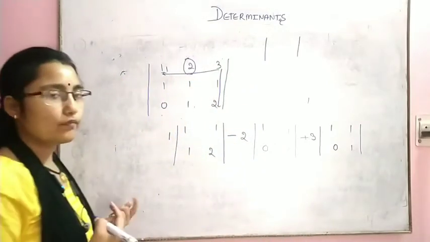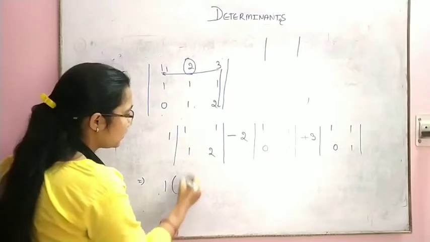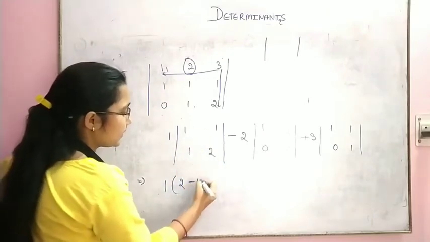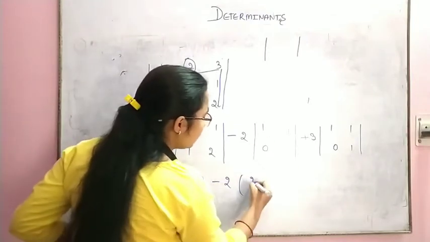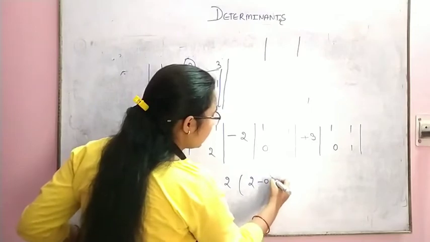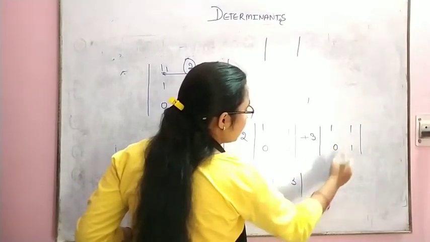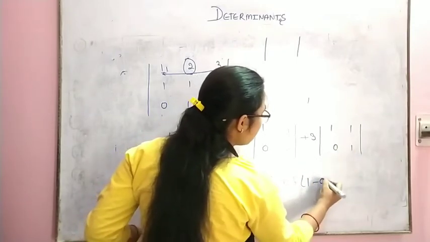What do we get after solving this? Let's see. 1 times, cross multiply 2 and use a subtract sign between them. Minus 2. 2 ones are 2, 1 into 0, 0. That means minus 0. Plus 3. Now 1 ones are 1, 1 into 0, 0.